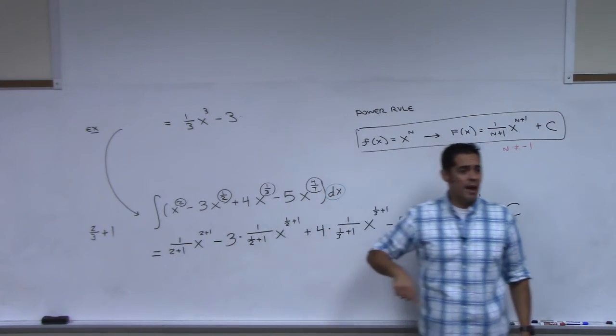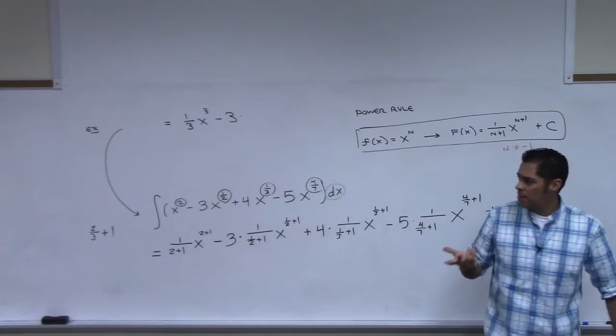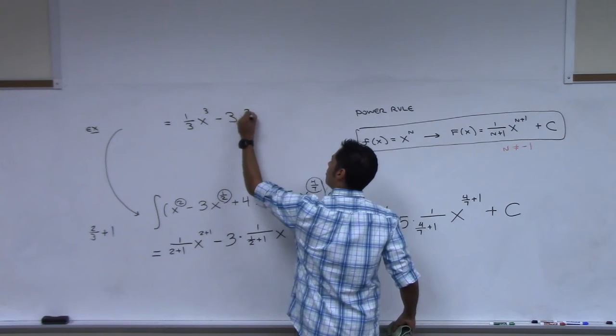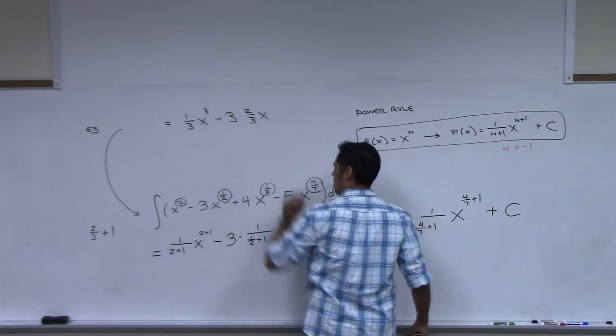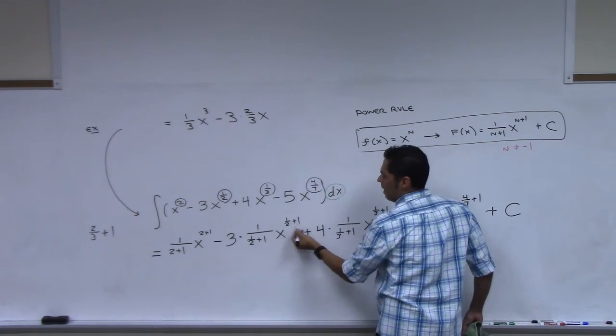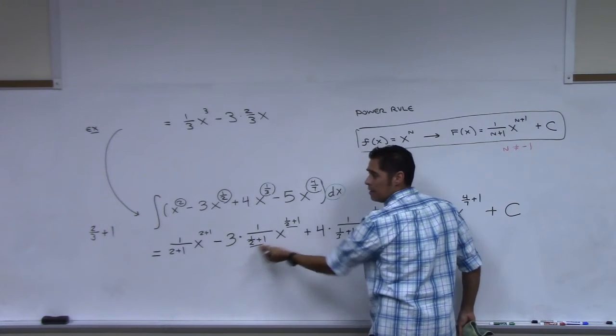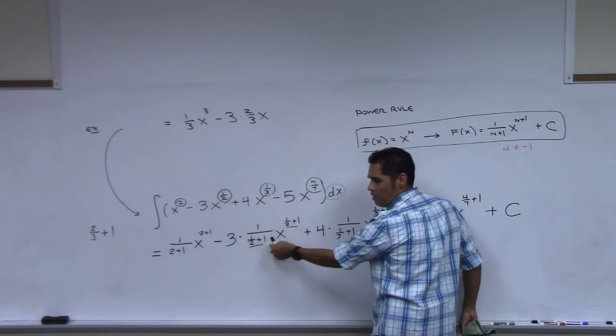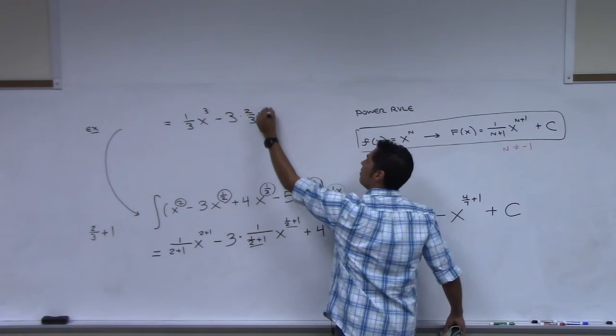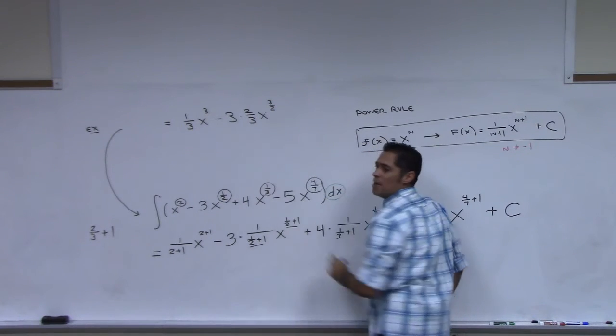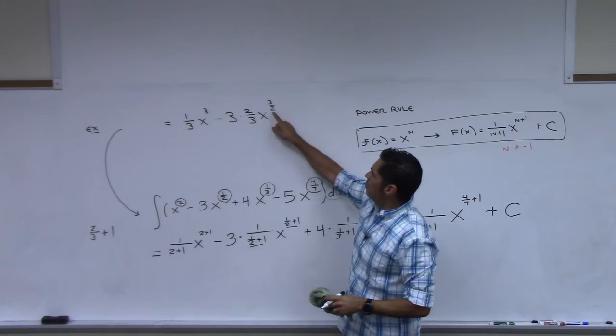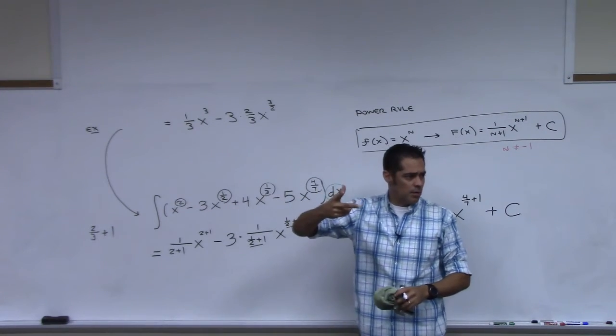And 1 over 3 halves flips over and becomes 2/3. So this is 2/3 x to the 3 halves. See, we did this computation twice, right? It's the same number, except because it's 1 over it, we get the 2/3, but this is actually 3 halves. That will always happen. Whatever this exponent is, the number in front of it will be its reciprocal.